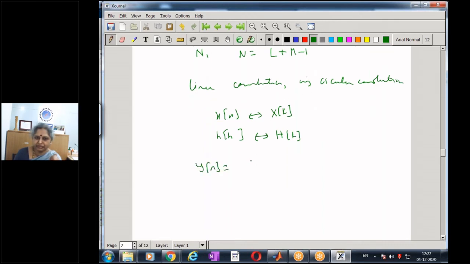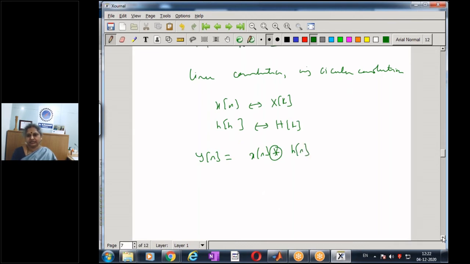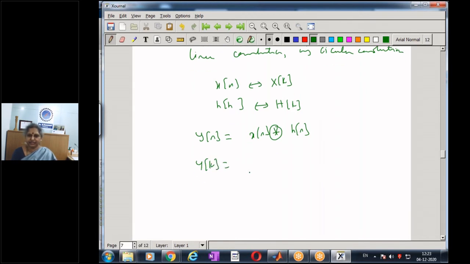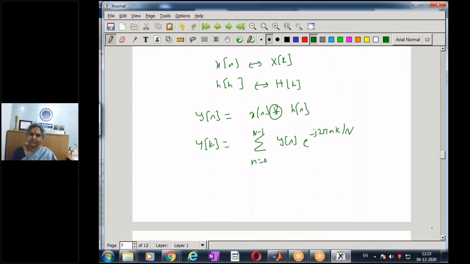Then let us see what y[n] is. We have y[n] given by the circular convolution of x[n] with h[n], and let us see now what Y[k] is. Y[k] is the N-point DFT of y[n], given by the sum from n equal to 0 to N minus 1 of y[n] e to the power of minus j 2 pi nk by N. This is by definition the discrete Fourier transform of y[n].